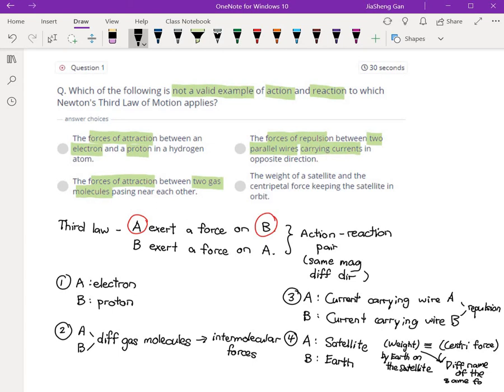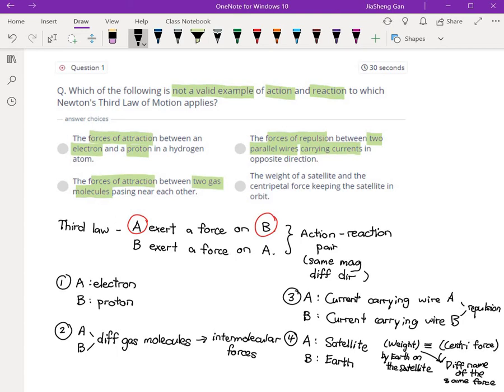I cannot explain in detail because this is in chapter 6, which is right after work, energy and power. That chapter we'll learn uniform circular motion, so we'll learn a bit about centripetal force and weight. Basically for option number 4, the centripetal force is exerted by the Earth on the satellite. The weight is also by the Earth on the satellite.